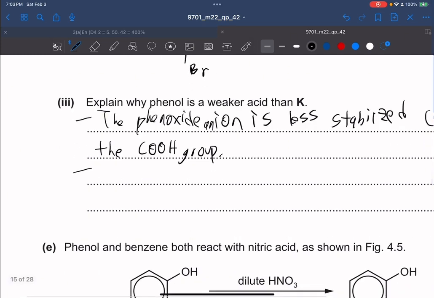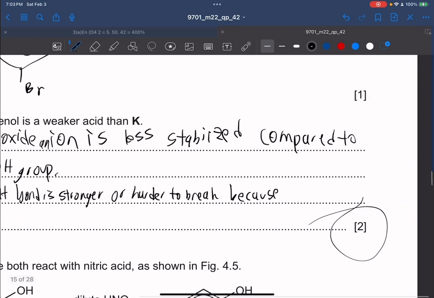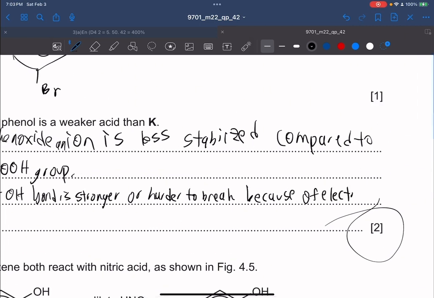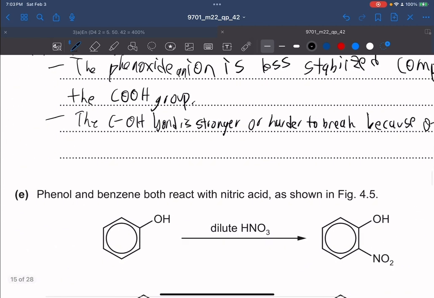Another way is you could say the C-OH bond is stronger or harder to break because of electron delocalization, or you could also say electron overlap, which causes a partial double bond character.